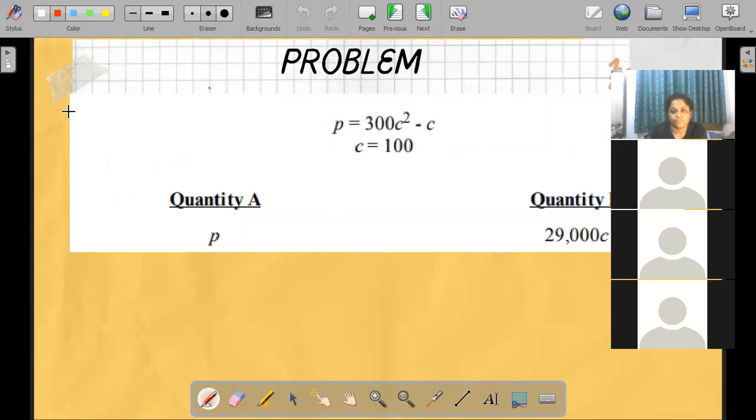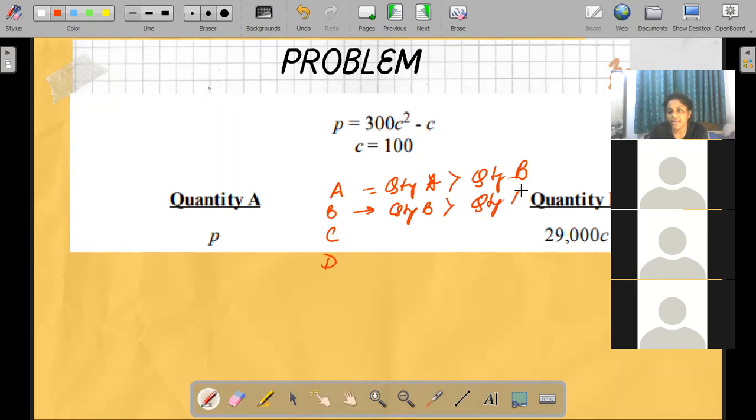Yeah, this problem. Please try it out. Again, you'll have to tell me, is it A, B, C, or D? A means that quantity A is greater than quantity B. If you choose B, that means quantity B is greater than quantity A. If you choose C, that means quantity A is equal to quantity B. And if you choose D, that means not solvable.